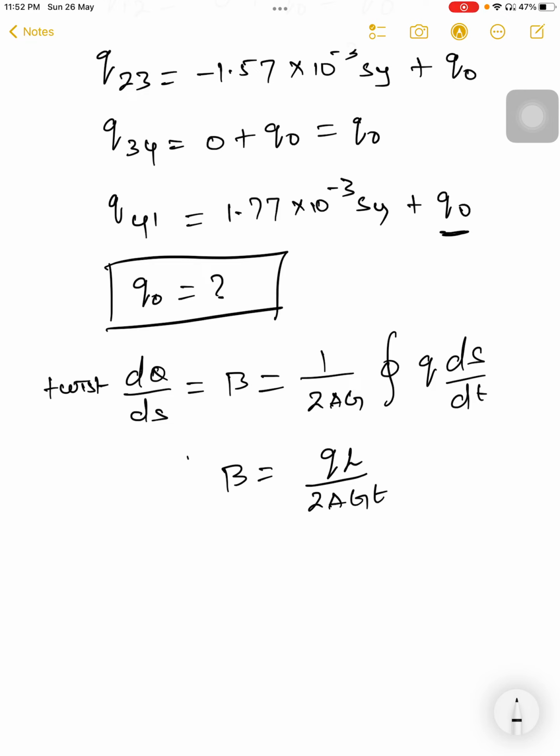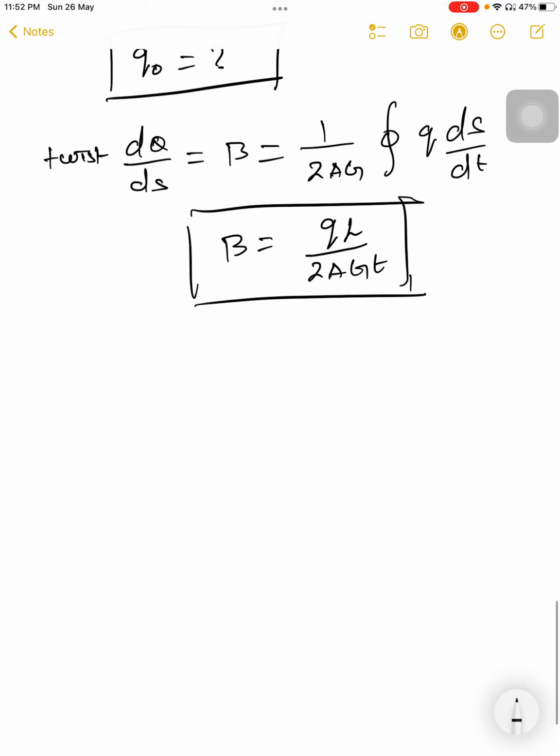So this is the formula. Here in our case, the vertical load is acting on the shear center, so the twist will be 0. Therefore beta equal to 0, which is equal to qL divided by 2AG.